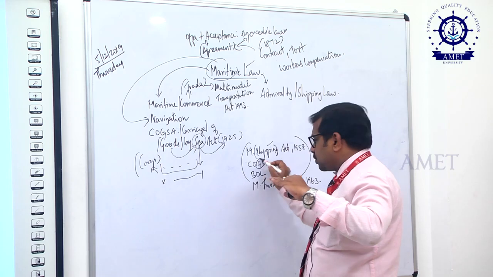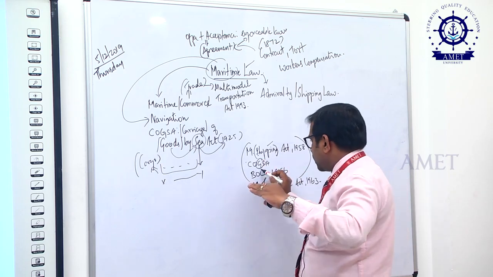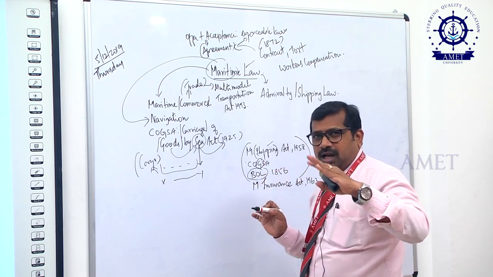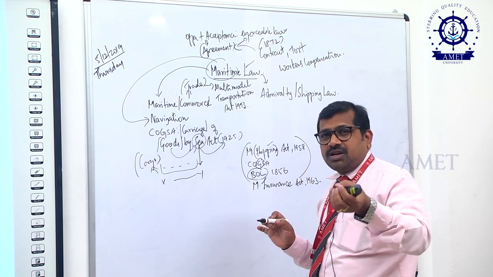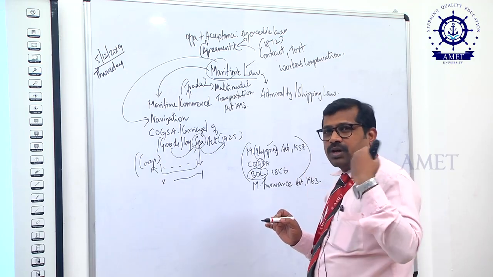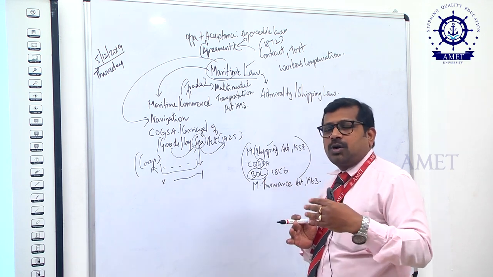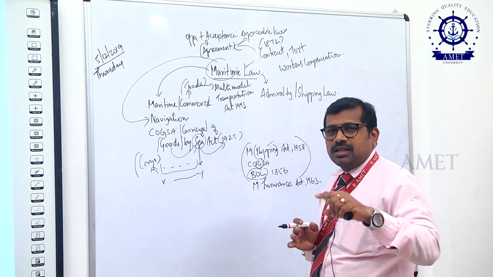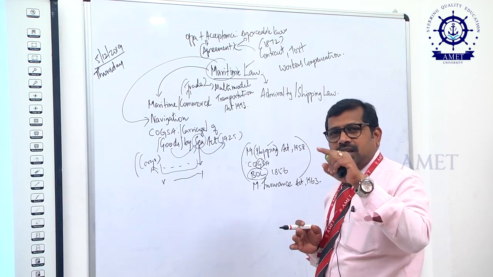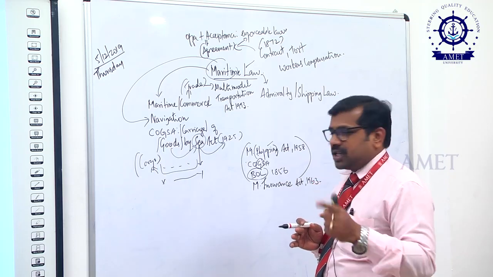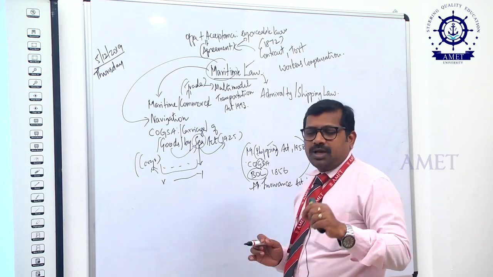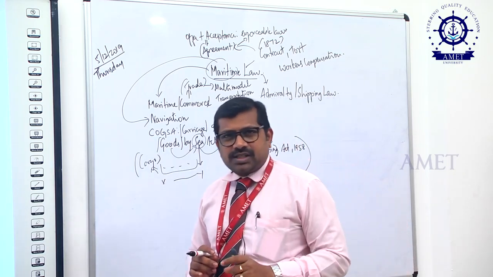The second one is goods. The third one is the document, the Bill of Lading. And the fourth one: if the ship meets with an accident, to get or adjust the amount of loss, one party needs to have taken insurance with a company. In such cases, the law that comes into force is the Marine Insurance Act.